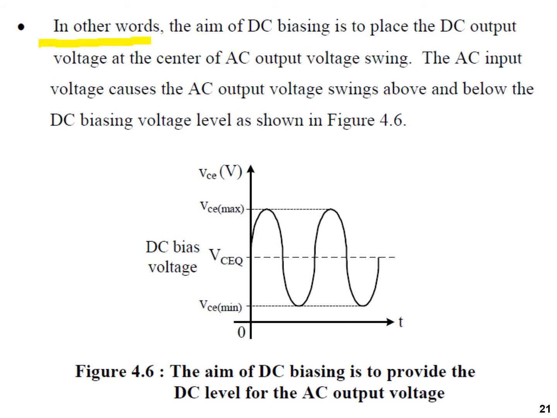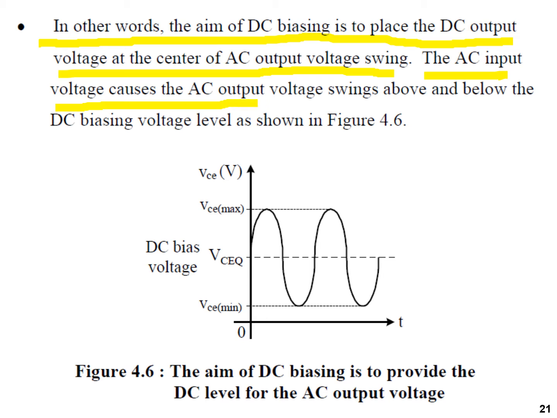In other words, the aim of DC biasing is to place the DC output voltage at the center of the AC output voltage swing. The AC input voltage causes the AC output voltage to swing above and below the DC biasing voltage level, as shown in figure 4.6.